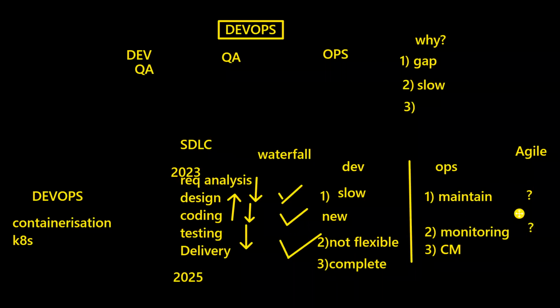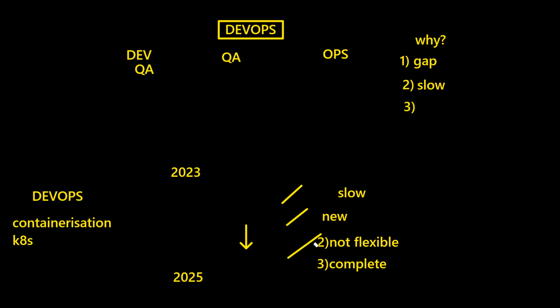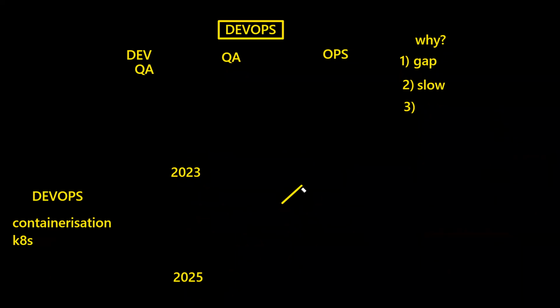So anyway, we came to agile methodology. Let me give you some more understanding of this agile methodology. Agile methodology came in where you have both the challenges of developers and ops.